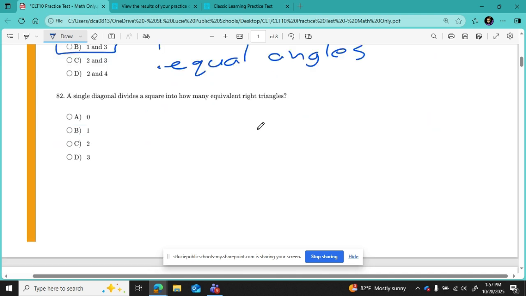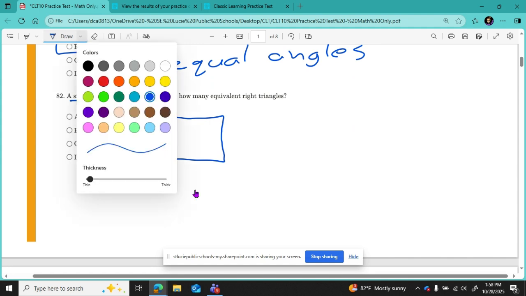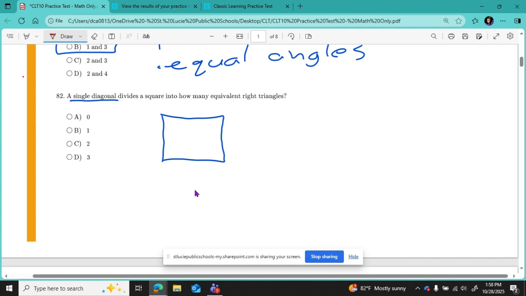Number 82, a single diagonal divides a square into how many equivalent right triangles? So if you have a square, sorry if my square is a little bit made out of jello here, and you make a single diagonal, here's a diagonal, goes from corner to corner, cuts diagonally across.